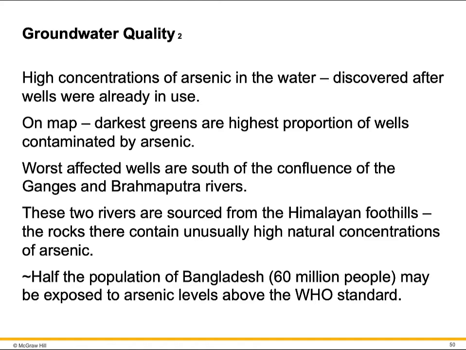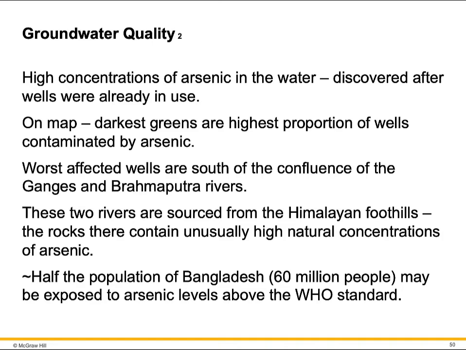There are high concentrations of arsenic in the water that were discovered after the wells were already in use. On the map, the darkest greens are the highest proportion of wells contaminated by arsenic. The worst affected wells are south of the confluence of the Ganges and the Brahmaputra rivers.